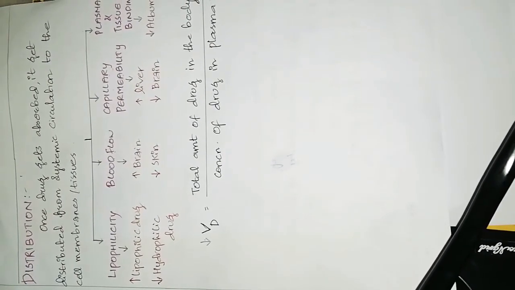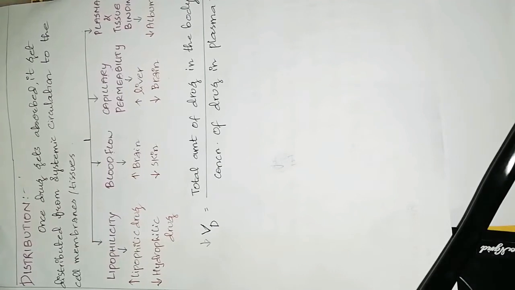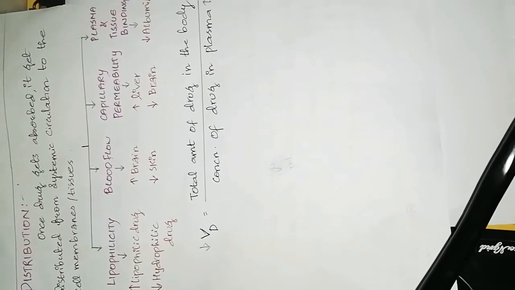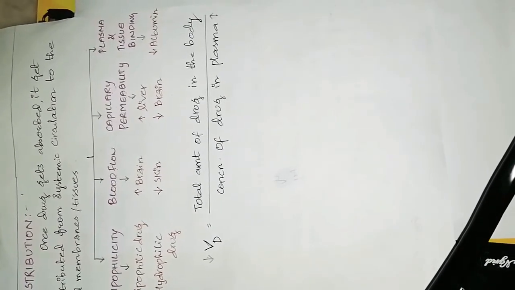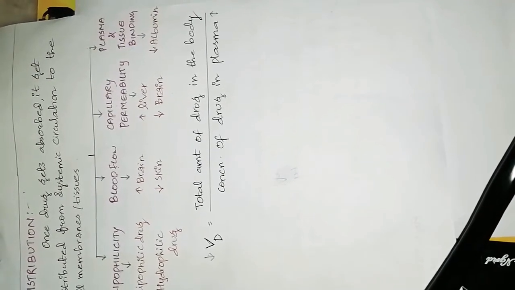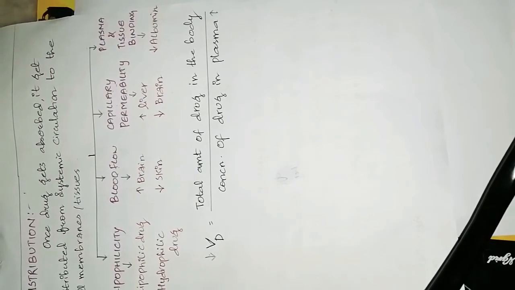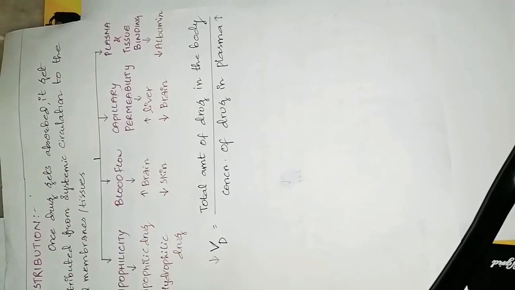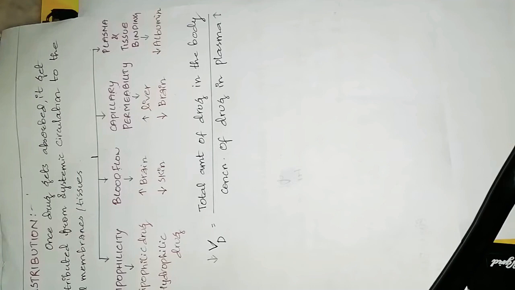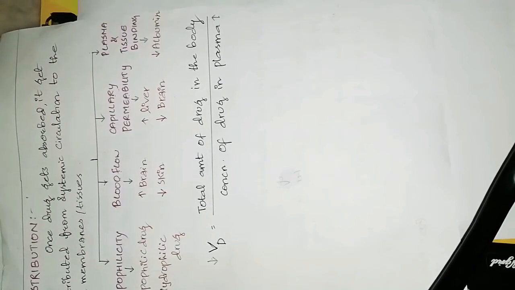Distribution can be calculated as VD, volume of distribution, equals the total amount of the drug in the body divided by the concentration of the drug in plasma. I repeat, VD equals the total amount of the drug in the body by the concentration of drug in plasma.